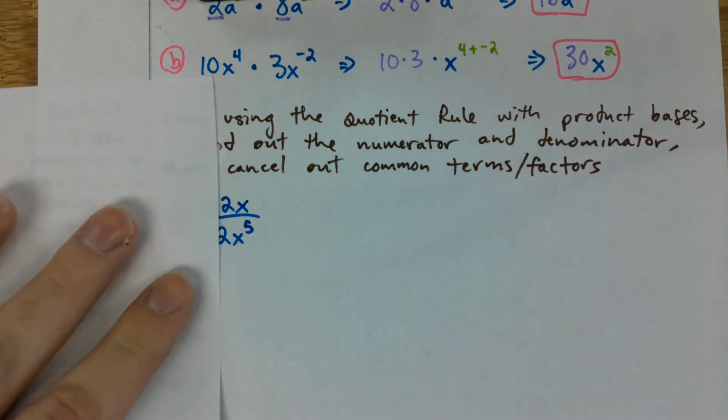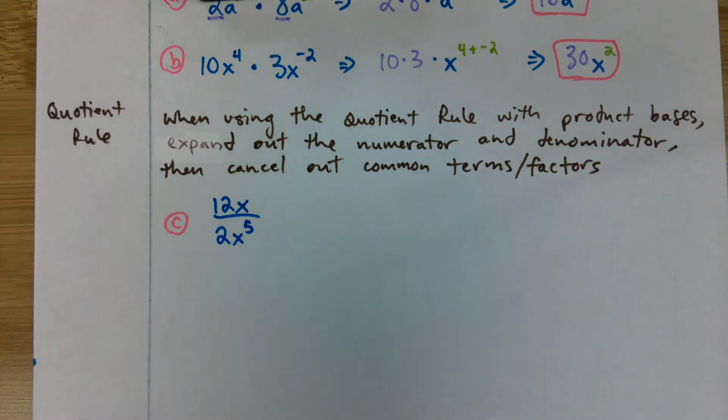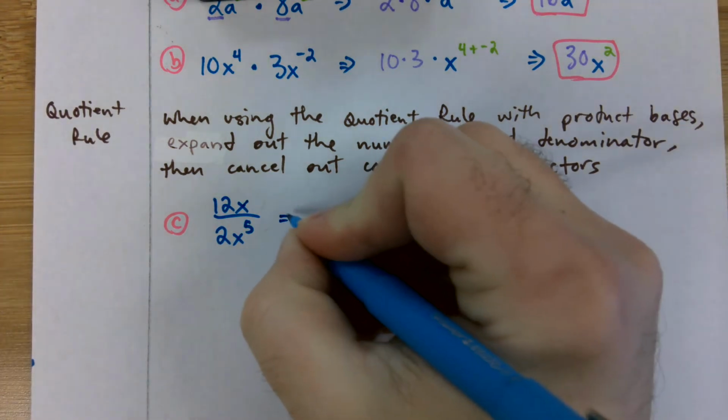Okay, and with the quotient rule last week, we would have just seen this, right? X over x to the fifth. Now we're just adding in coefficients. It's the same thing, though. And let's see what we're going to do.